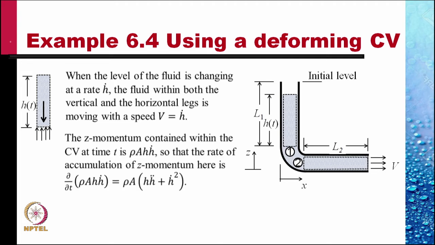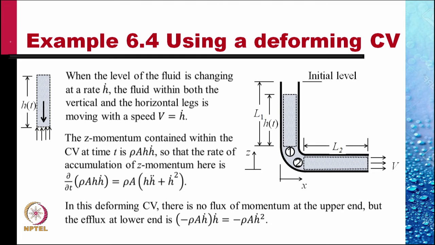The Z momentum contained within this control volume number 1, at time t is rho A h, the mass, times h dot, the velocity. This is the momentum at time t. So, what is the rate of accumulation? Rate of change of this momentum, ∂/∂t of rho A h h dot, which is shown as rho A into (h h double dot plus h dot square).